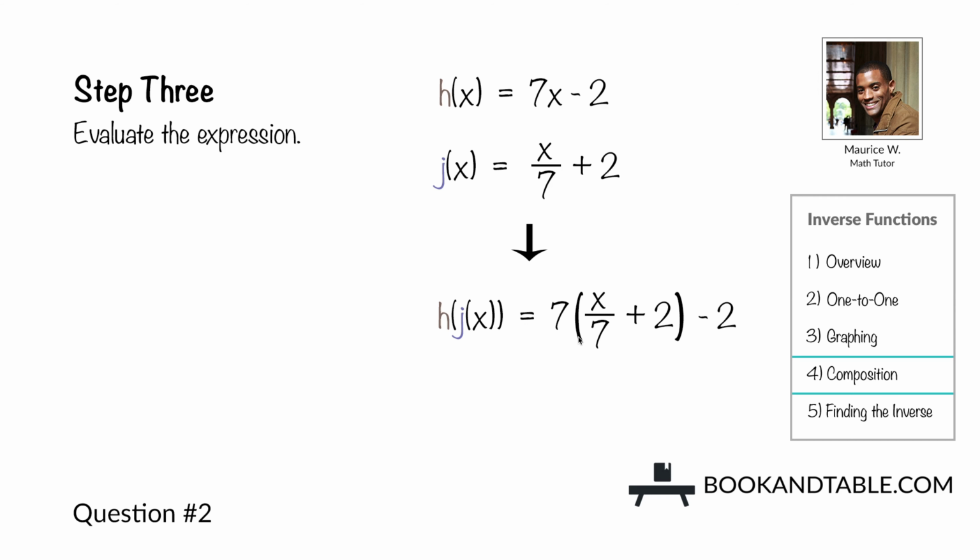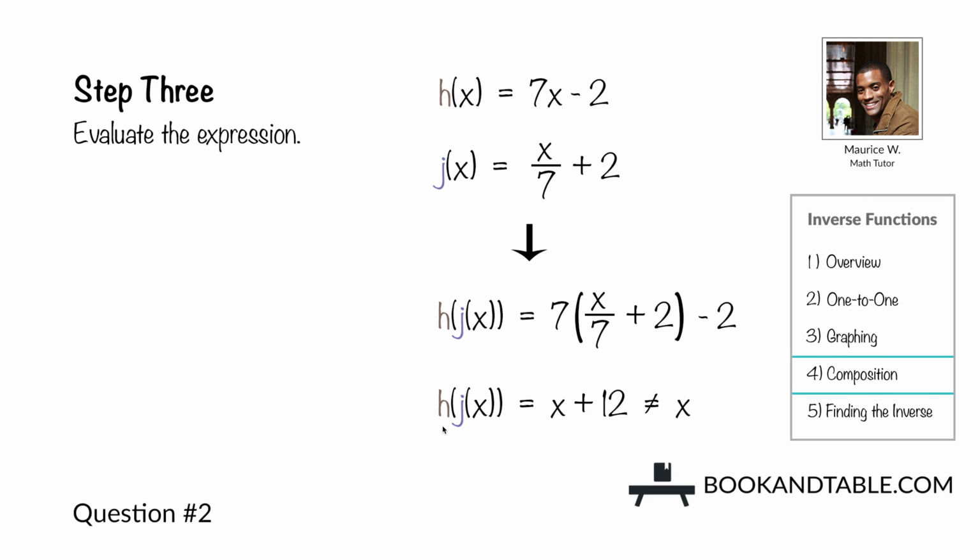And now step 3, we want to evaluate the expression. When we distribute this 7 to these two terms, this 7 and this 7 cancel each other out, leaving us with x. And 7 times 2 is 14, minus 2. 14 minus 2 is 12.